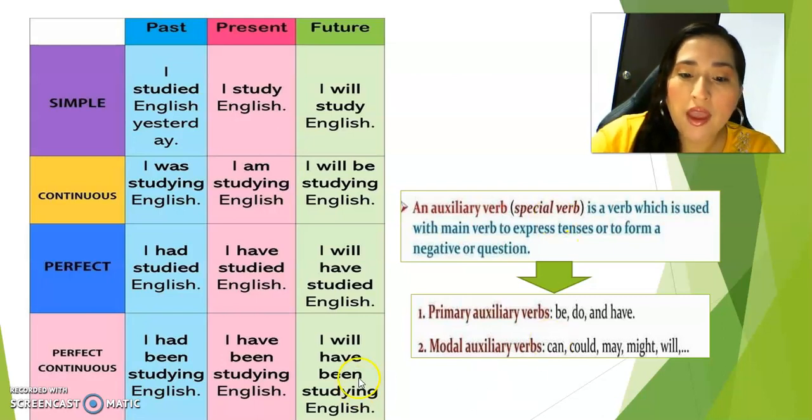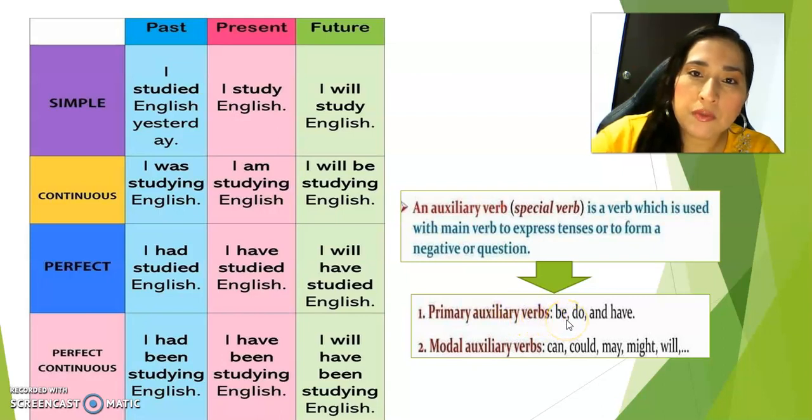Okay? We have primary auxiliary verbs, for example, to be: am, is, are; do. Remember, in singular, does, and in first person, do. And another auxiliary verb is have.